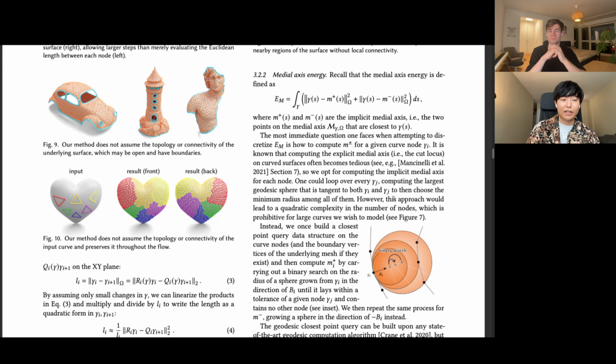During our energy assembly, we momentarily fix the medial axis points and treat them as constant points. No matter how the node positions change, we assume that this medial axis position still doesn't move.